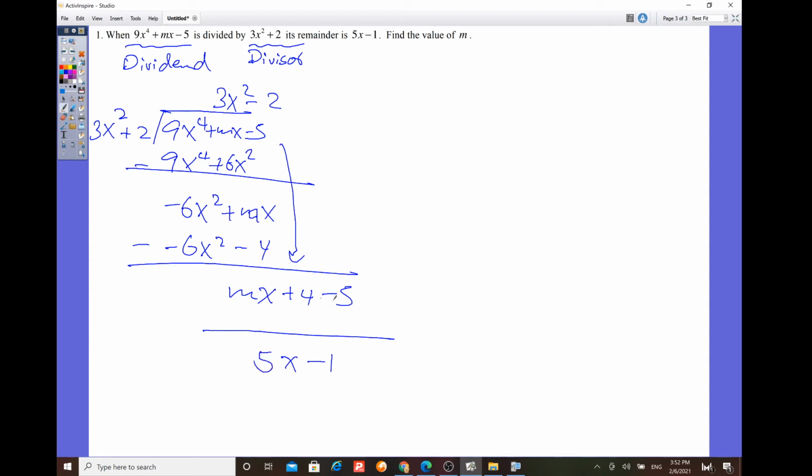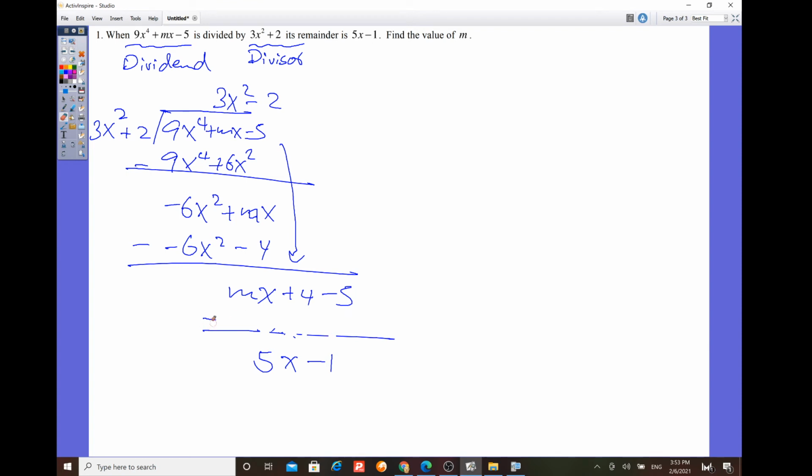So basically this one, we just want to combine the constants. So mx, 4 minus 5, negative 1. So as you can see here, once you subtract, mx, minus 1.